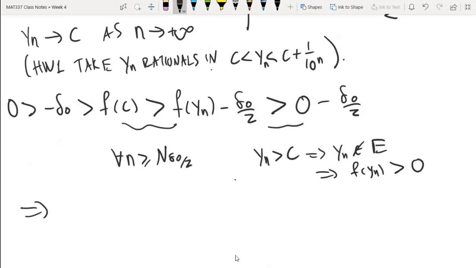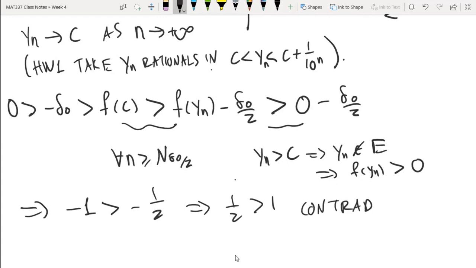So again, we get the contradiction, -1 is bigger than -1/2, which is a contradiction. And that's it. Okay, any comments?